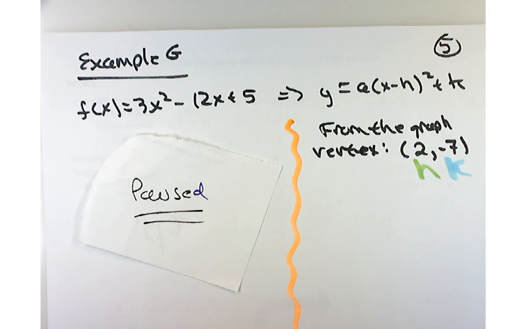Okay, so what's A? Oh, okay, all right, that's fine. So it's X minus H, so just 2 plus -7.